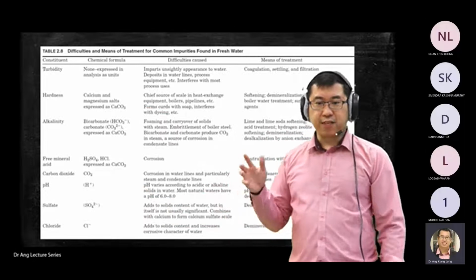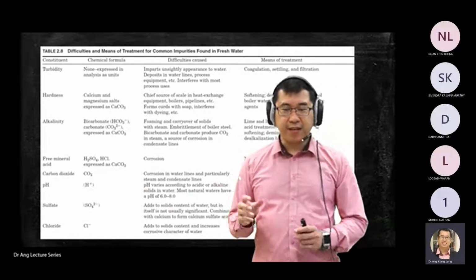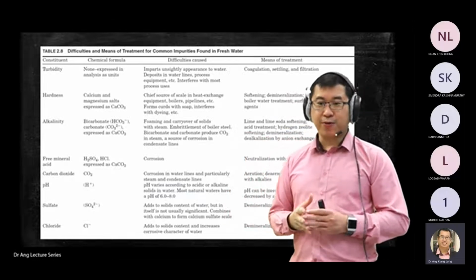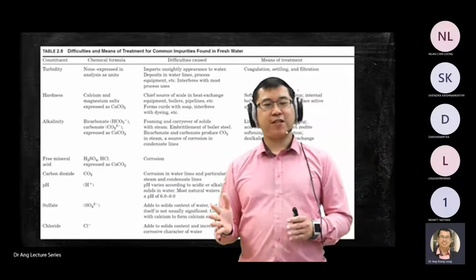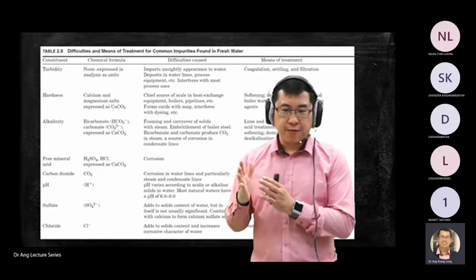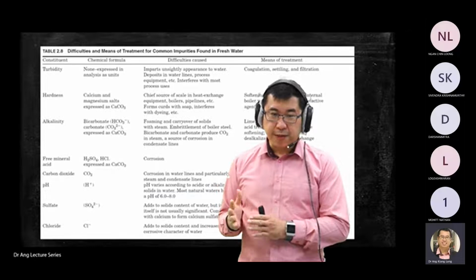pH, again, H positive. H positive is more acidic. Again, just now I introduced you the pH value, right? So the more H positive you have, the lower the pH, or the more acidic. If you have OH negative, it becomes more alkaline.